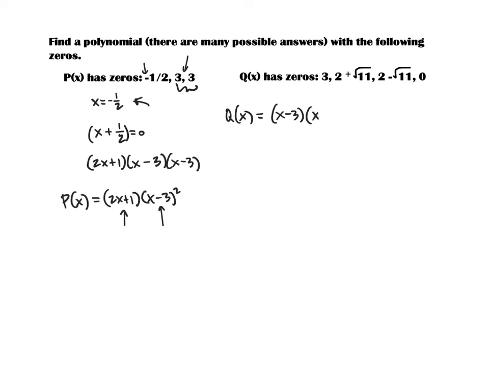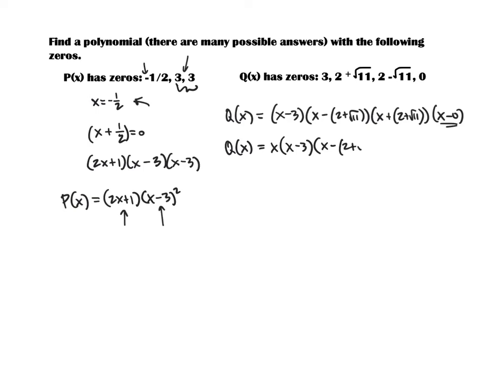So I'm going to do x minus 2 plus root 11 and x plus 2 plus root 11. And then my last factor is x minus 0. So I'm going to regroup this just a tiny bit. Put the x alone, which was from this x minus 0. Then x minus 3. And what I'm going to do in just a moment here is FOIL the last part.